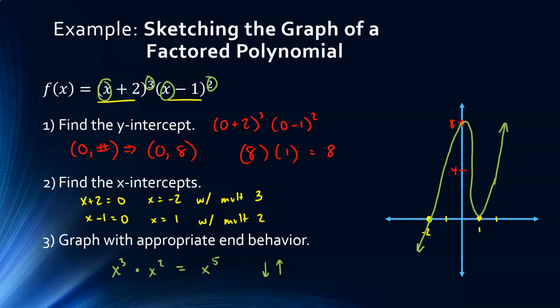So at that x-intercept, where x is 1, it's got a multiplicity of 2, so it's going to bounce. And this one's going to be a pass-through. So make sure you write these down in your notes, so that you can remember that as you're graphing it, you want to make sure that you take that into consideration.